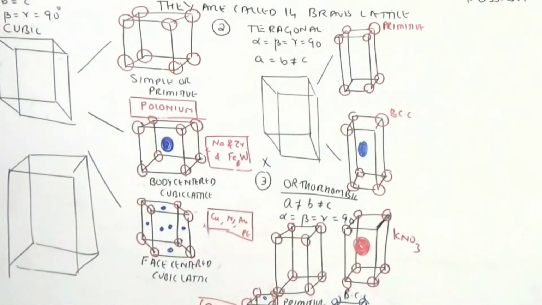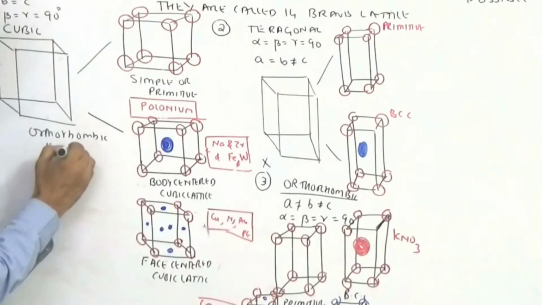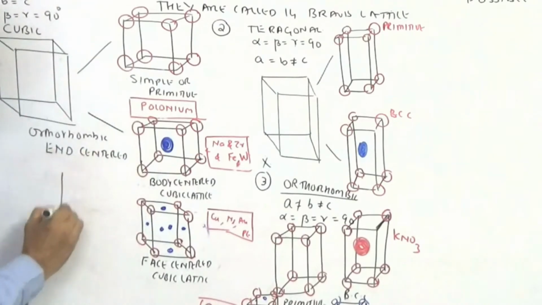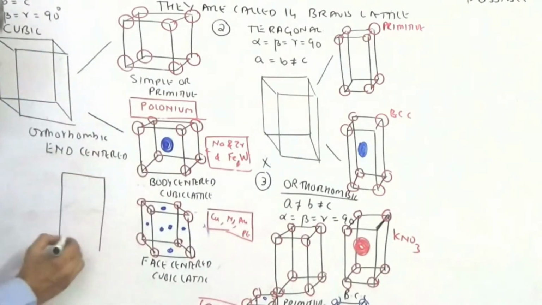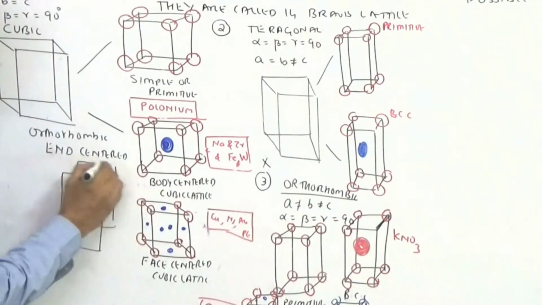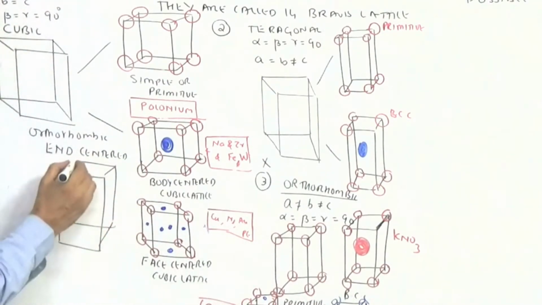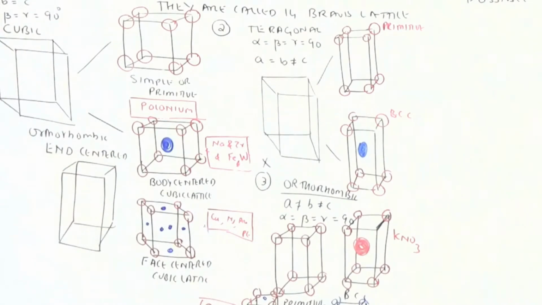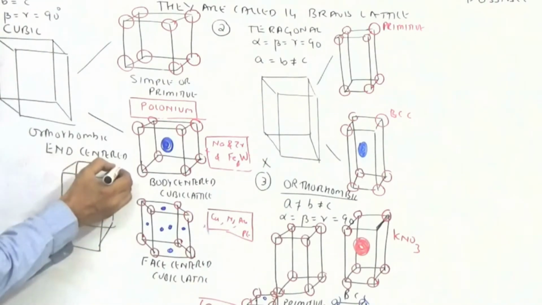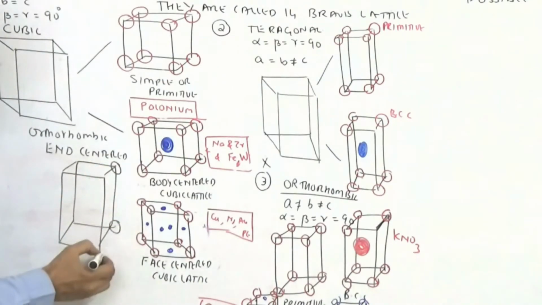So where are the atoms present? Orthorhombic end centered will be something like this. We'll come across the business of edge also, center of the edge also later on. So orthorhombic end centered means where are the atoms present?